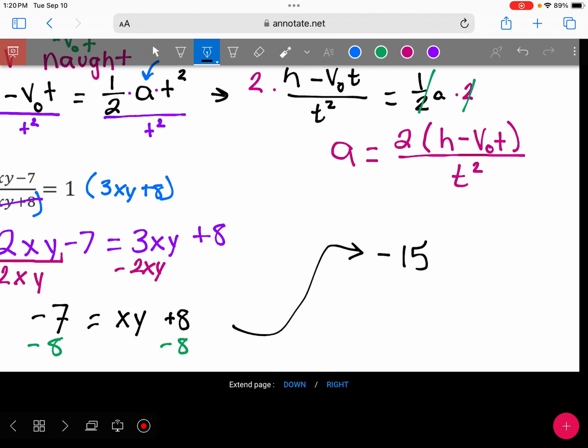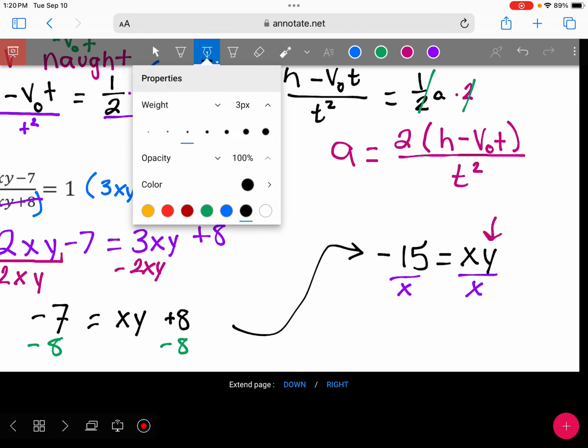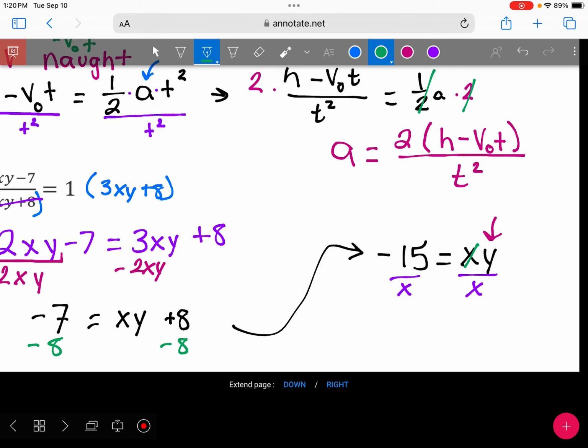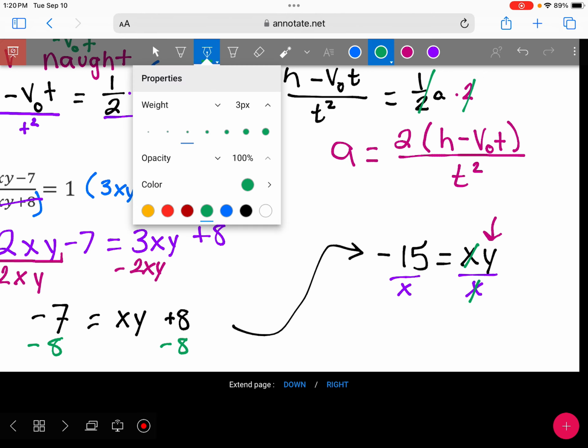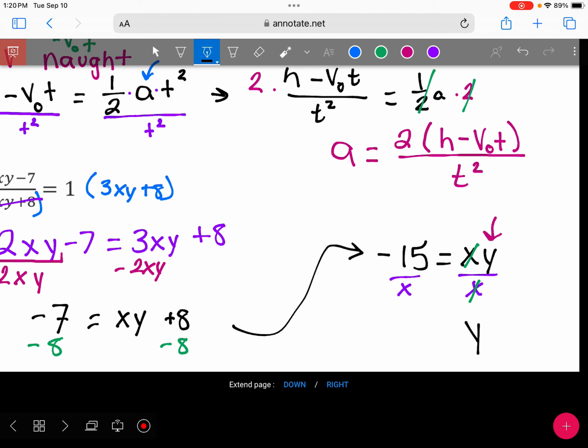Negative 15 equals xy. Still trying to solve for this y. It's been multiplied, so what do we do to get rid of it? Divide by x. So here my x's cancel out. We're left with y equals minus 15 over x.